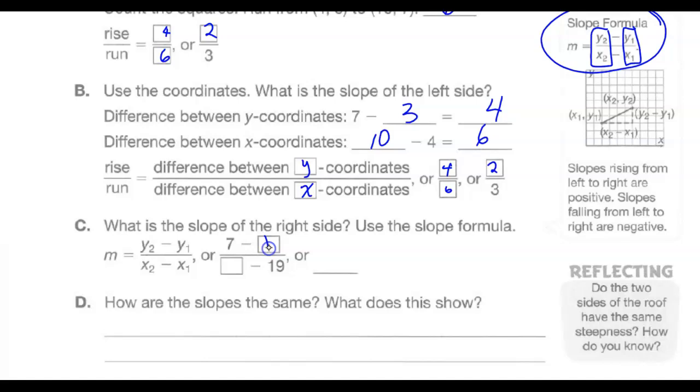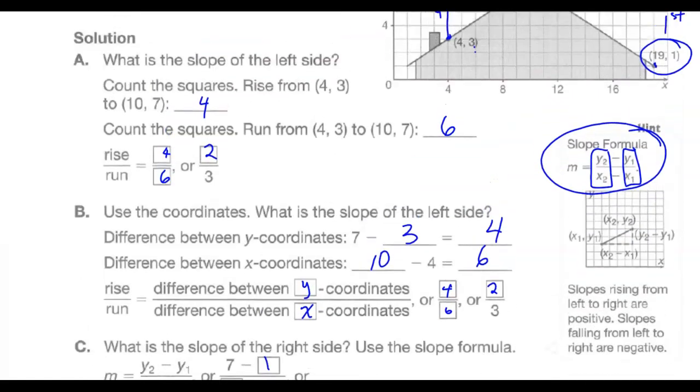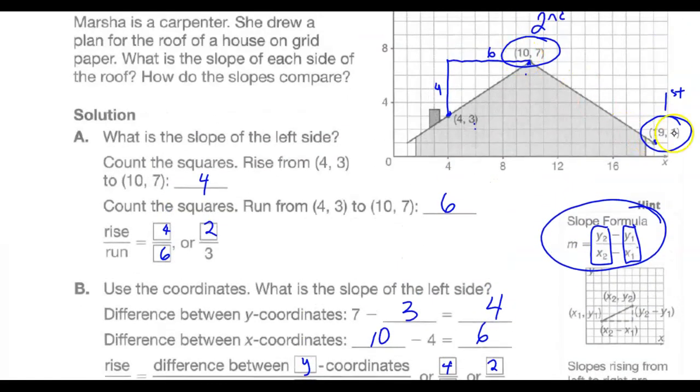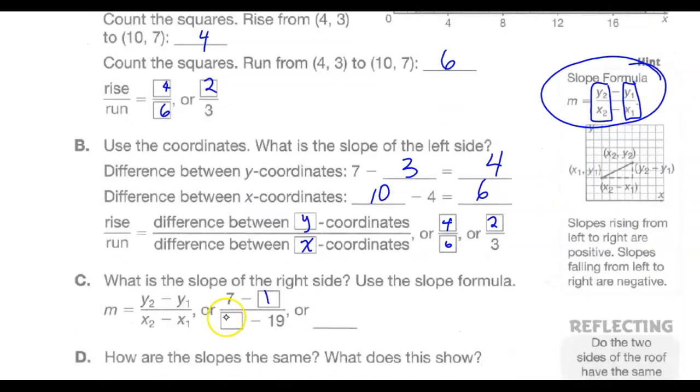So 7 minus 1, and then consistent, 10 minus 19. So 7 minus 1 is 6, 10 minus 19 is -9. So we'd like to keep the negative out front and then reduce that, that's -2/3.